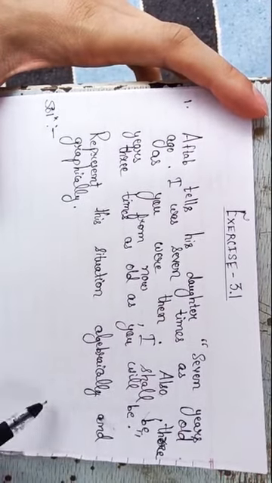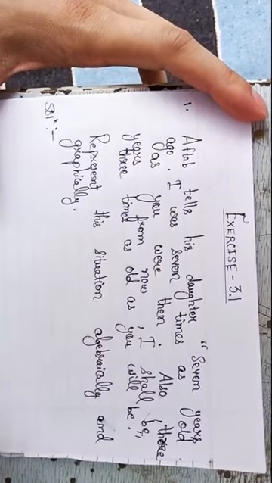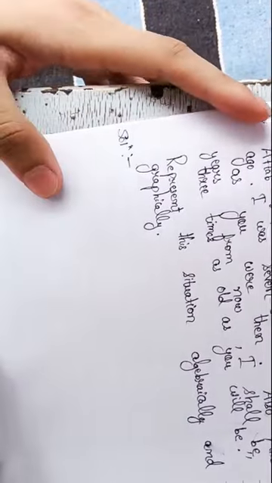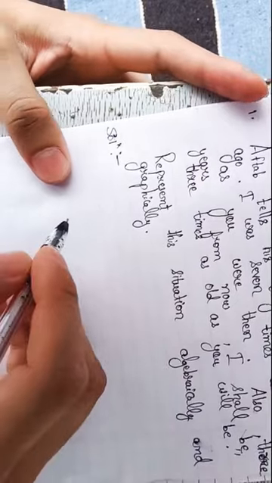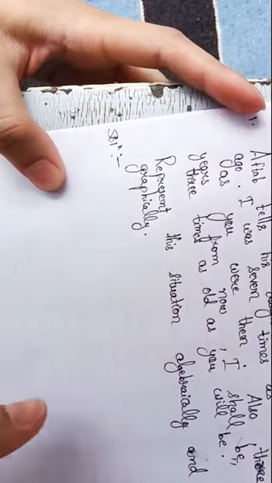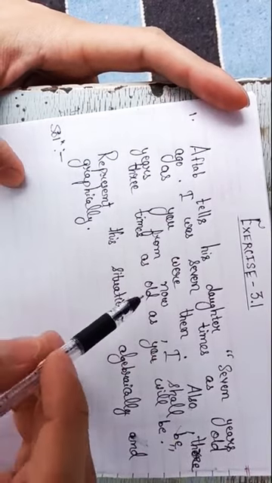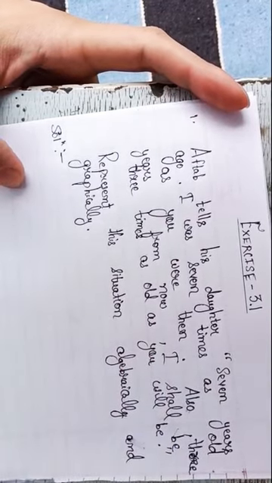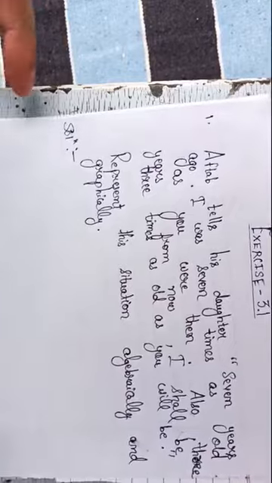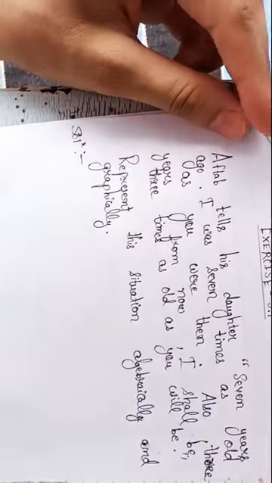So we have to represent this equation algebraically and graphically. First of all we will form two equations based on the given question. We see the first condition, then the second condition, and form two equations, and those equations will help in forming the graph.